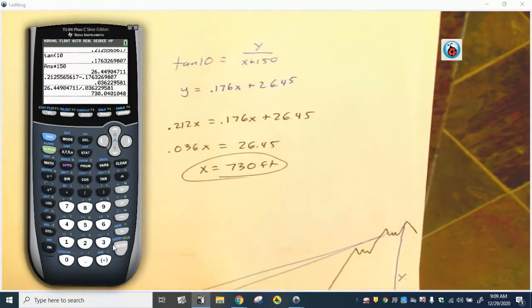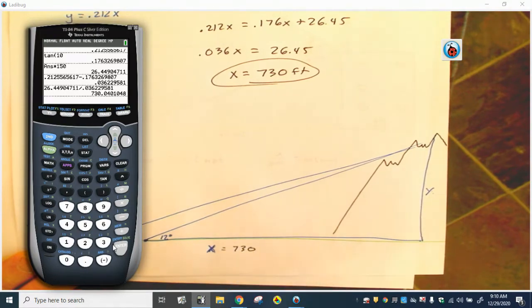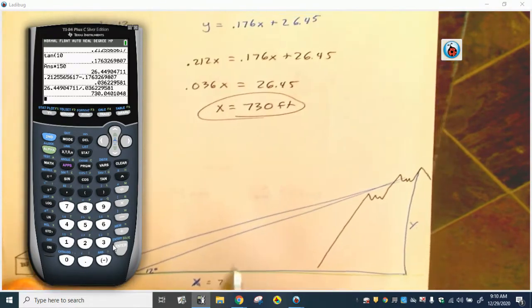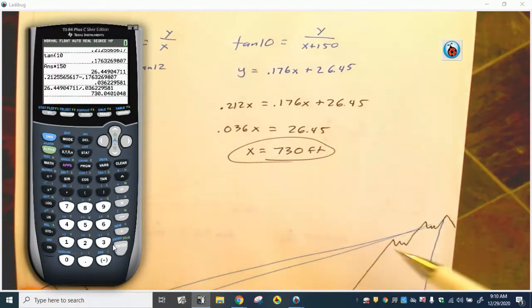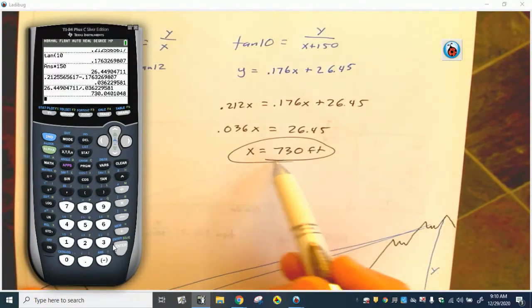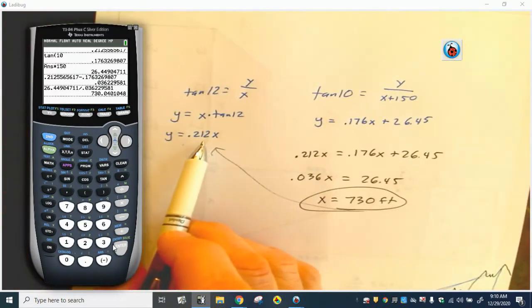Now, if that was the case, I know this distance down here is 730 feet, which means that mountain is not very far away. By the way, I just made these numbers up. These were not the actual real numbers when I did this. And then I can also substitute this back in either one of those two equations. I would substitute it right here.